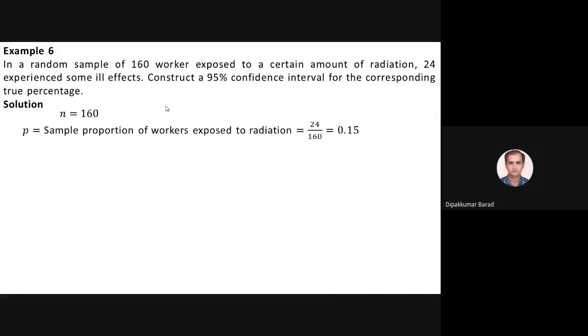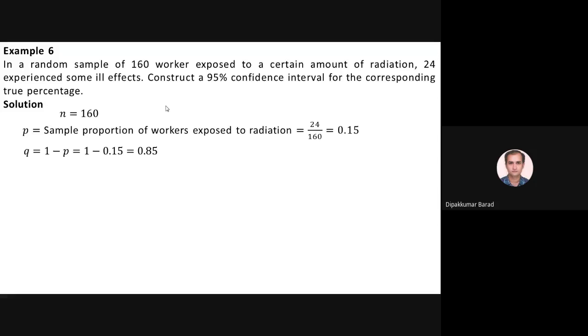Here we have to construct a 95% confidence interval for the corresponding percentage, and n is given as 160, and small p we can find as 24 upon 160, which is 0.15. From small p we can find small q, 1 minus p, which is 0.85.